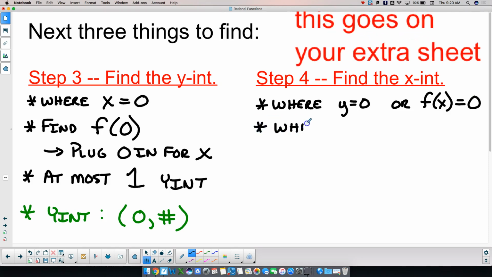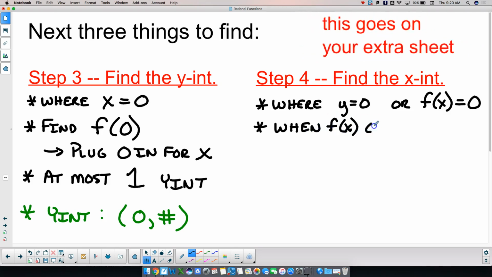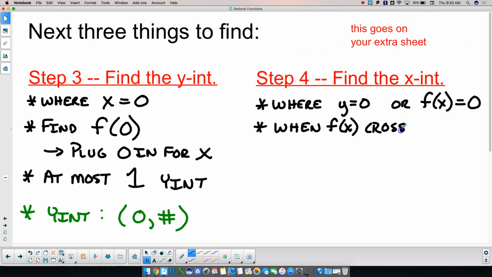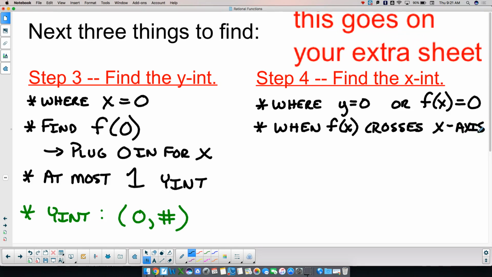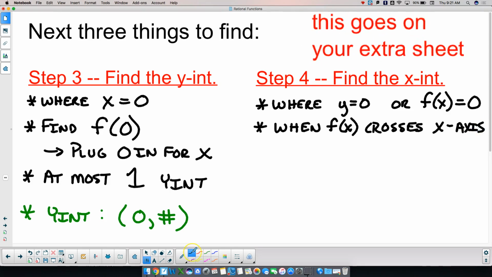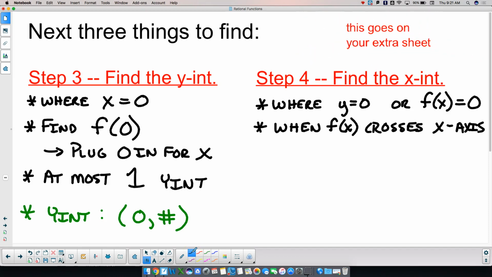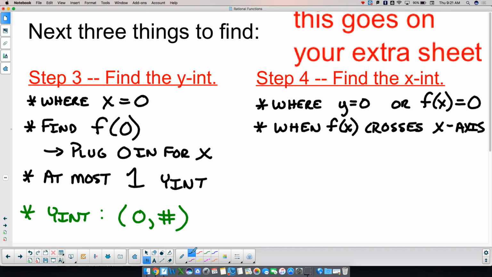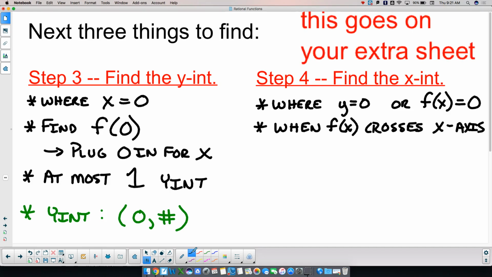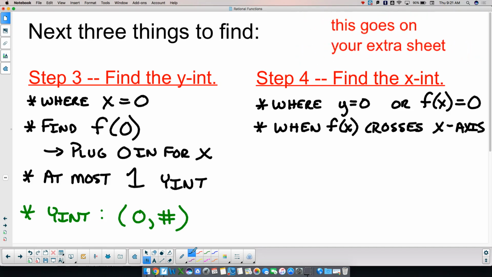It happens when the function crosses the x-axis. That's where my x-intercepts are. My y-intercepts are where my function crosses the y-axis, so my x-intercepts would be where the function crosses the x-axis.